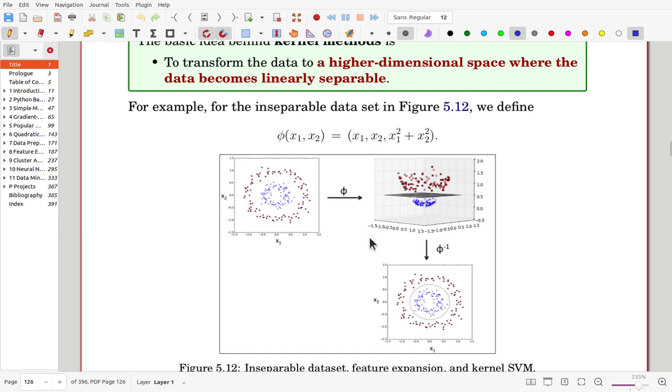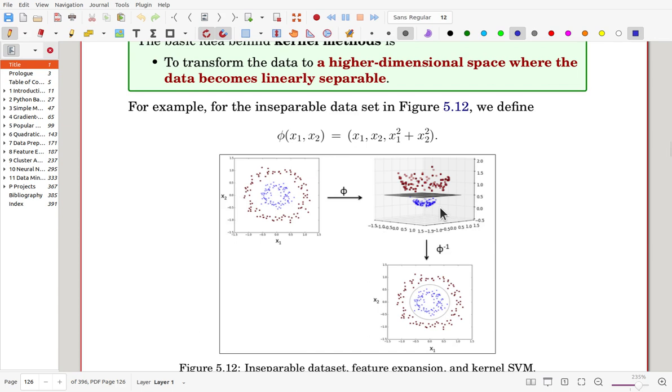However, if we transform it to the three-dimensional space by adding one more component, the square of the distance measured from the origin to the point, then the data becomes linearly separable, and outer points will be on the upper portion and inner points will be on the lower portion, so that we can find a plane to separate them.